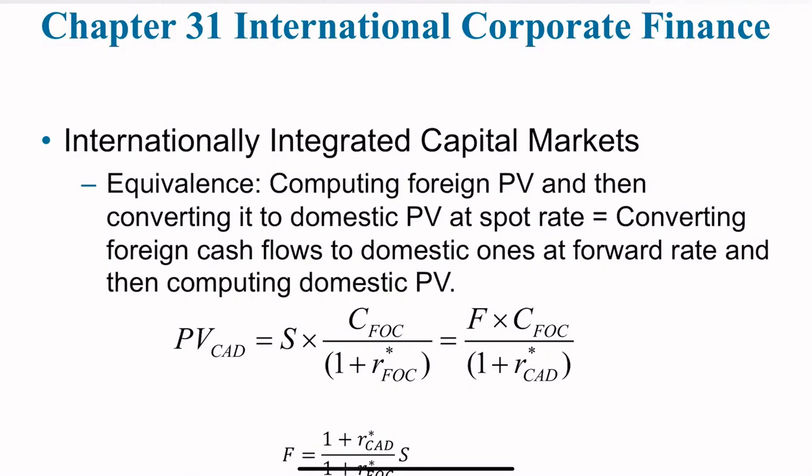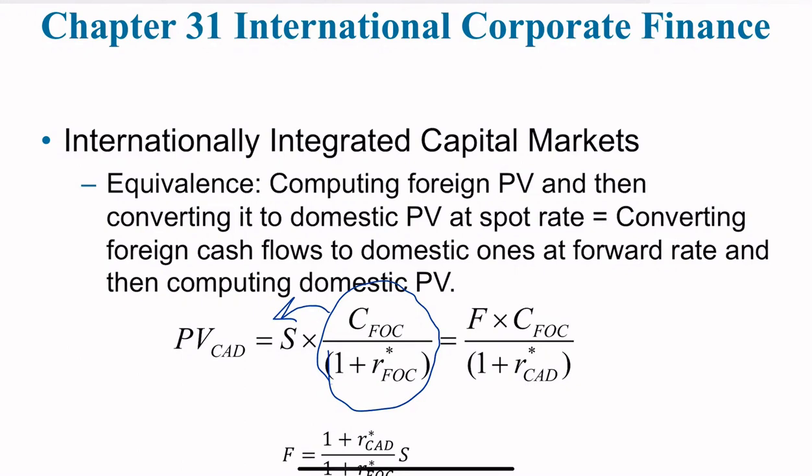So essentially, you can first compute the foreign present value using the foreign cost of capital. And then you will convert at the spot rate. This will give you the domestic present value. So this is the first method.